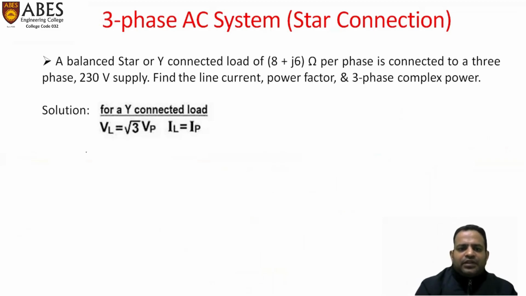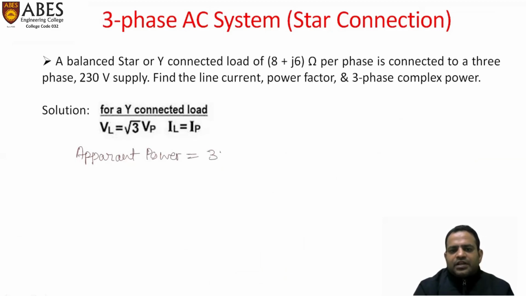Similarly, we can find out the apparent power. Apparent power is thrice of Vp Ip, thrice of Vp 132.79 into Ip 13.279.